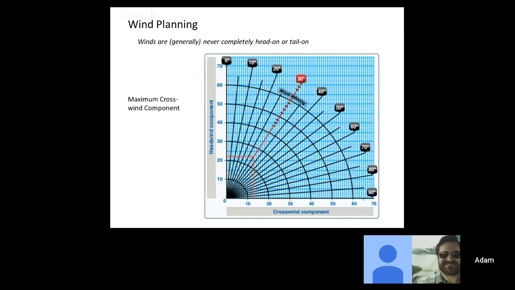So the one thing that we didn't really touch on during takeoff and landing planning, which is important and deserves discussion, is wind planning.